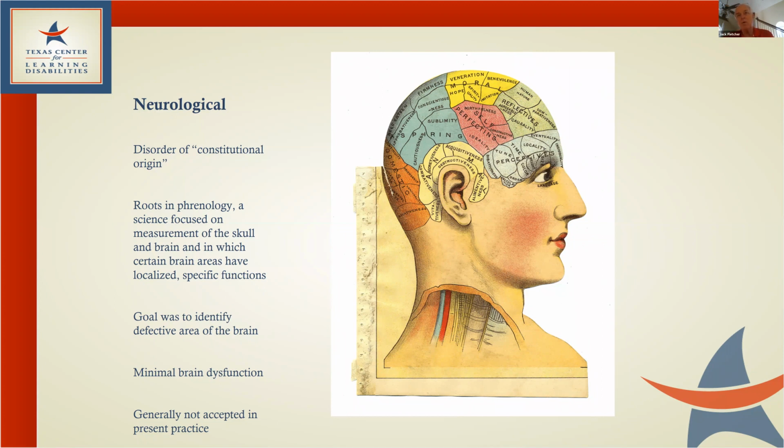The measurement approach is to identify special signs of neurological dysfunction. So we might do a neurological examination to look for signs of finger agnosia or right-left confusion. Those were very prominent theories of a learning disability in the 60s and the 70s for perceptual motor problems, for things like that. It led to the idea of minimal brain dysfunction.